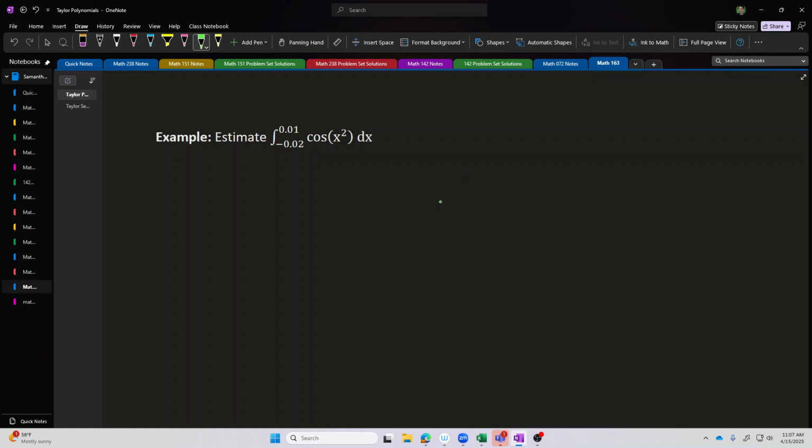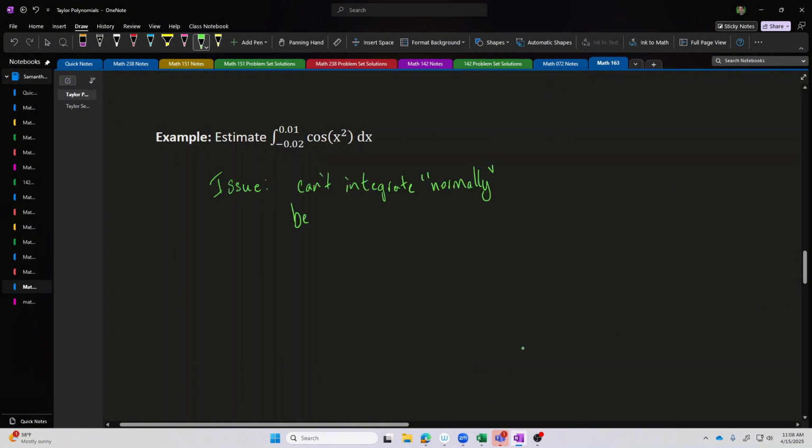Now, normally in Calculus 2, when you're given a definite integral, the normal thing you do is to find an antiderivative of the function that you're integrating, plug the two limits into that antiderivative, and then subtract the two results. The issue with doing this integral normally is that cosine of x squared does not have an antiderivative that we can find using any of our normal tricks.